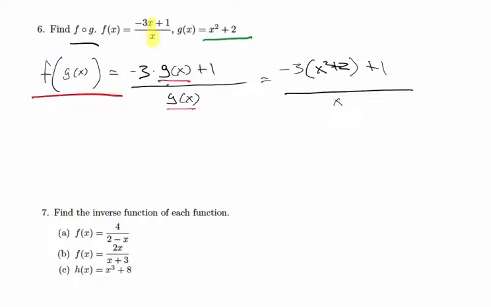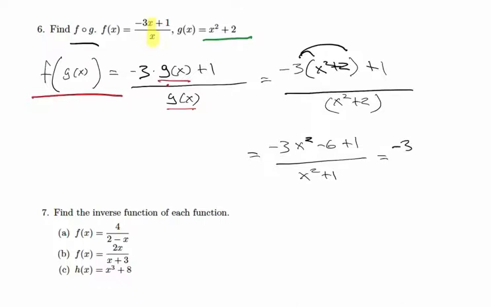We write x squared plus 2 on the denominator as well. And let's just simplify a little bit. The numerator, we distribute this. Then we get negative 3x squared minus 5 over x squared plus 1. So this is f of g of x.